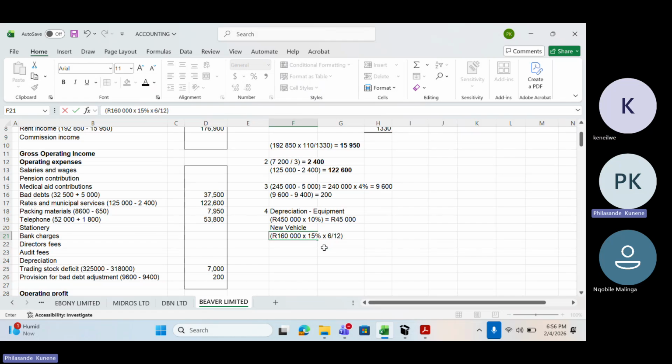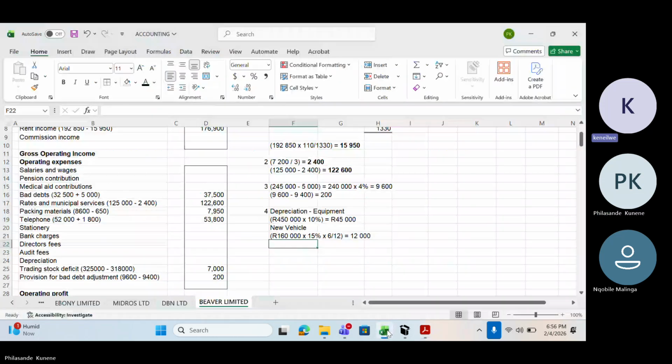And then how much am I getting? 12,000 rands. So this is the depreciation for the new vehicle.